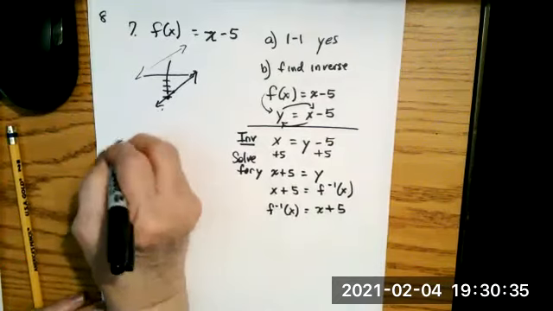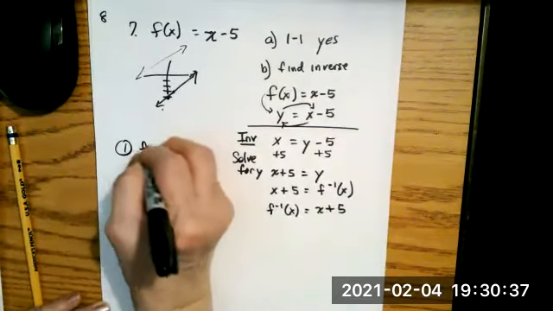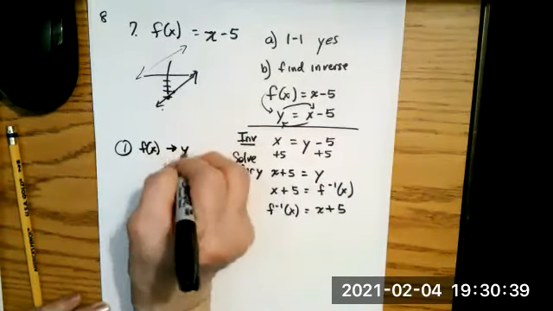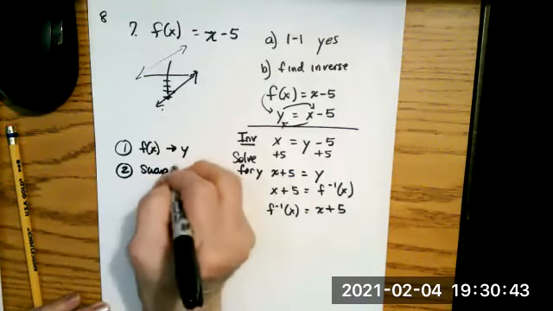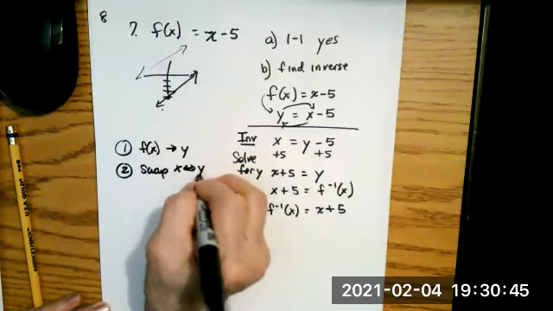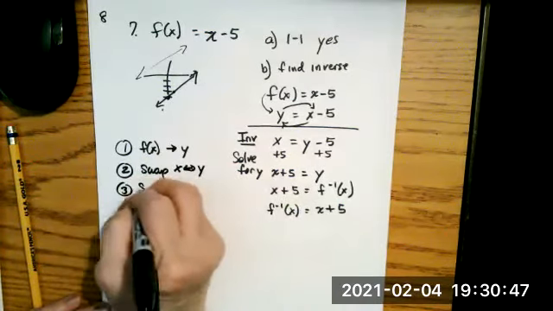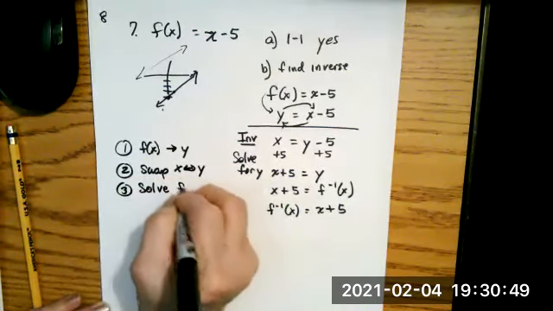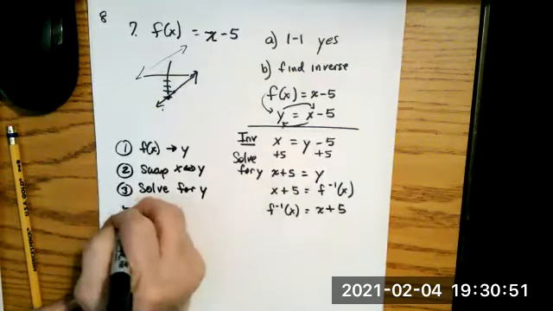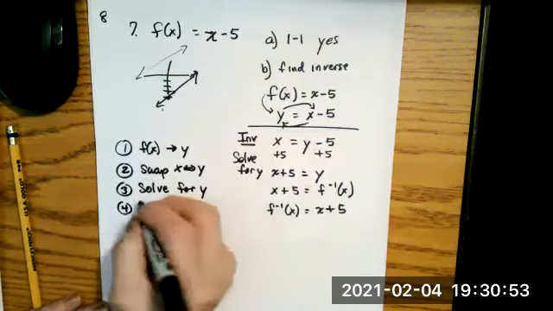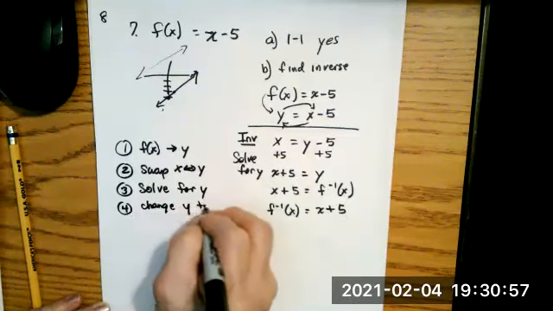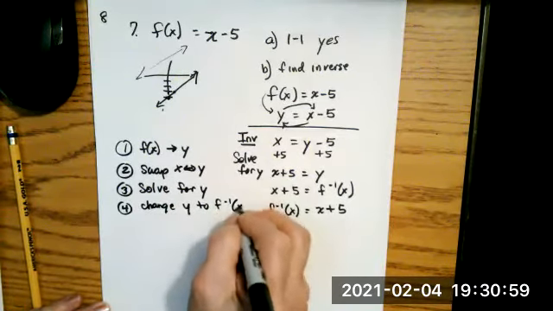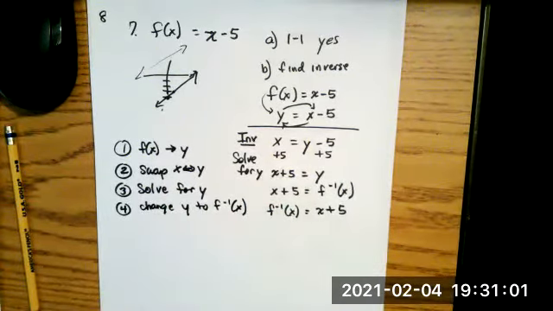Let me write those steps down. F of x to y, then swap the x and the y, then solve for y, and then change y to f inverse. Those are the 4 steps.